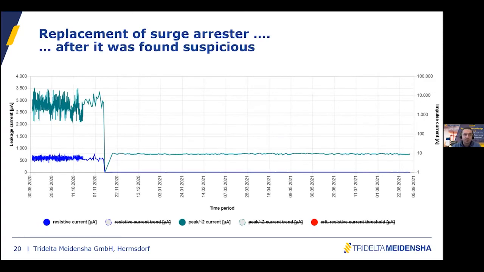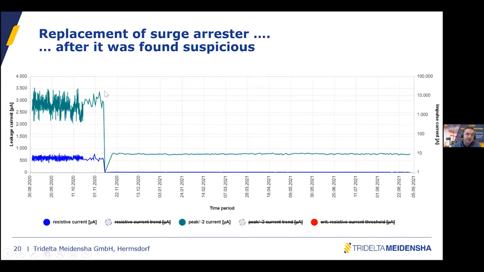So this is another project where smartCOUNT were installed somewhere in Southeast Asia on very old porcelain surge arresters. As you can see, the values are quite terrible. You have a peak current of 3 milliamps, which is quite high, and a resistive current in the range of let's say 600, 700 microamps.